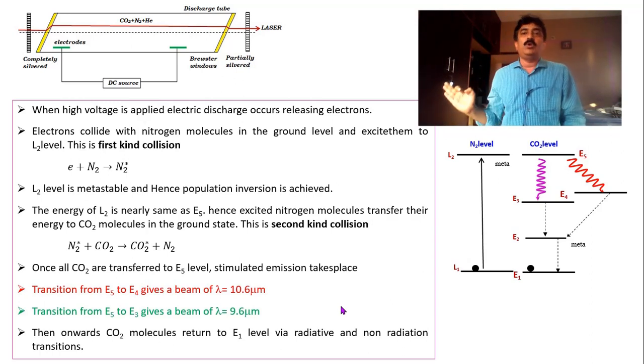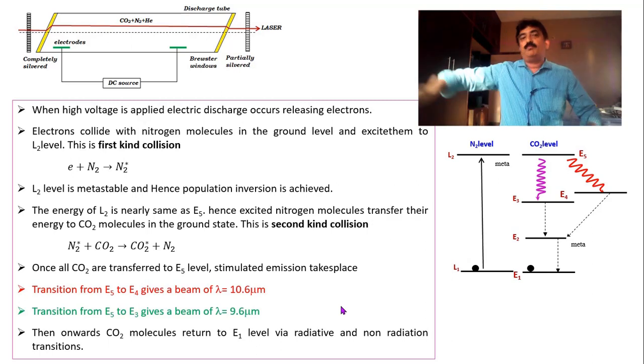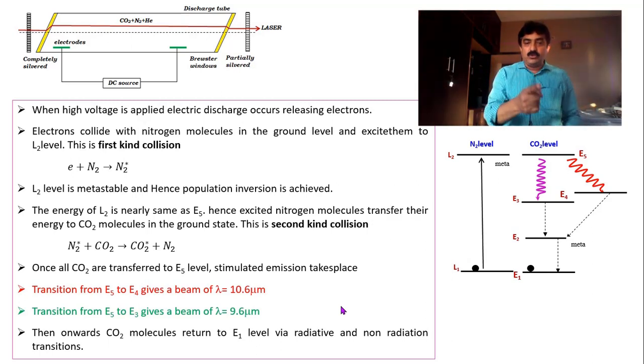Don't leave any stone unturned in the process of getting full marks. So you write the wavelength also. If you forget to mention the wavelength, 1 mark they will deduct. Energy level diagram, if you don't mention properly, 1 mark you will lose. So you must know where you are losing marks, not where you are getting marks. If I don't write the wavelength, I lose marks, so you will write the wavelength.